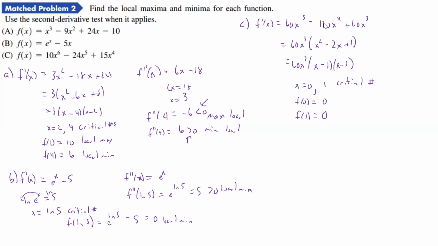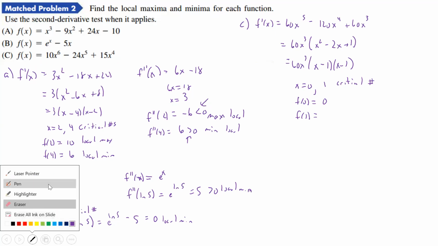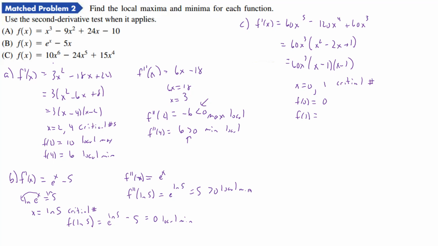I'm putting that back into the derivative, not the original. So let's go back here. I know it's going to be 0 when I plug that one in, but when I plug in 1, that's going to be 10, 15, so 25 minus... it's going to be 1. Okay, that makes more sense. I was like, wait, both can't be 0. So we have to put it into the right equation.